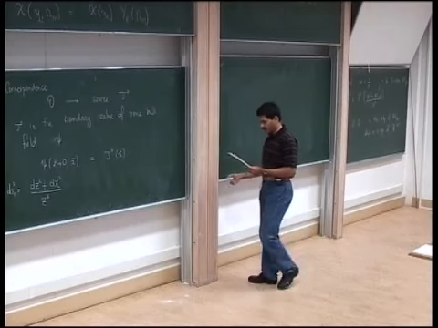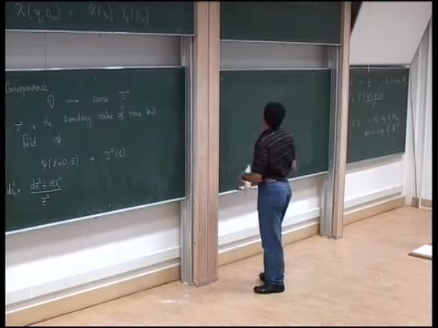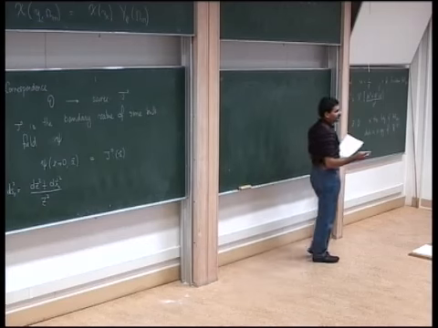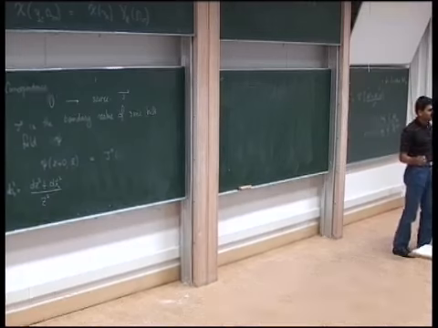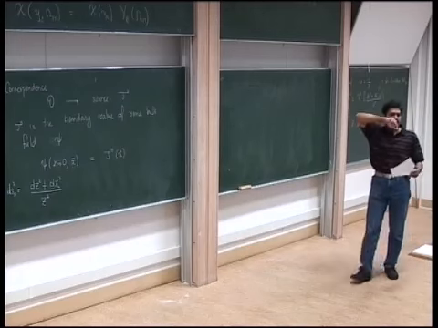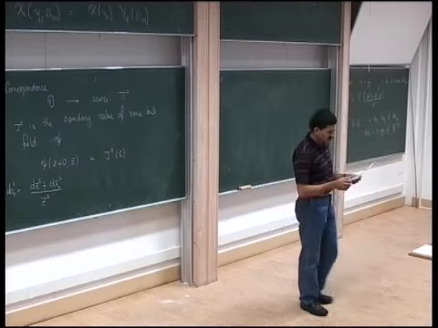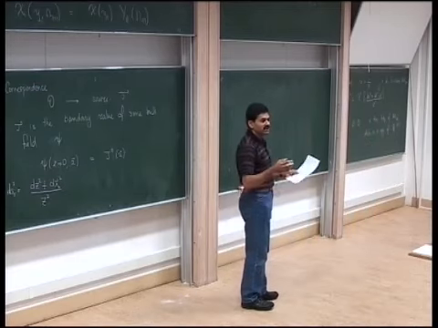So now I'm ready to write down the formula for calculating correlation functions. Again, I'm just going to write this down, and then I will motivate for you how to use it and what to do in general to calculate with it.